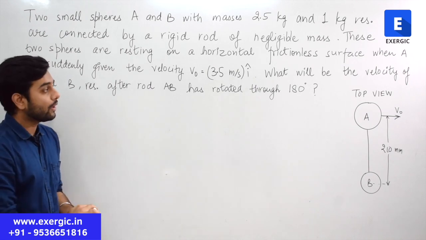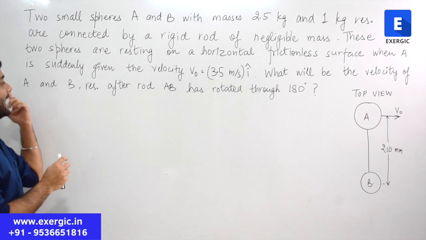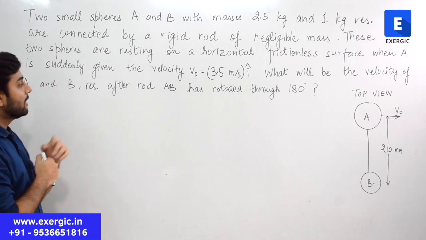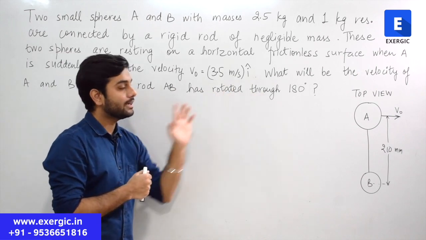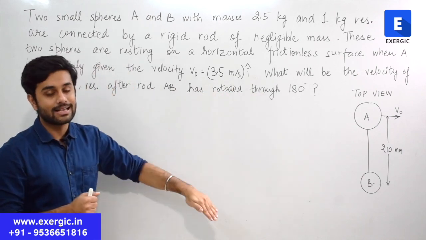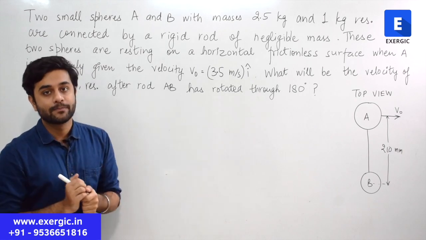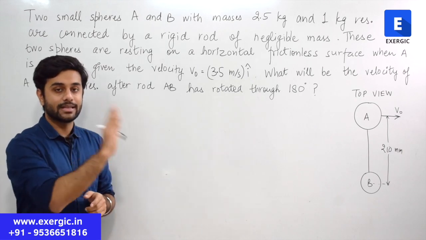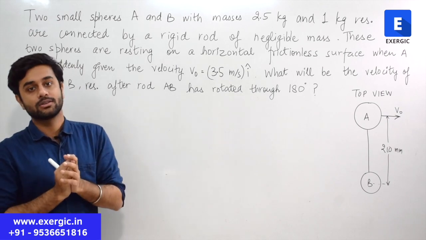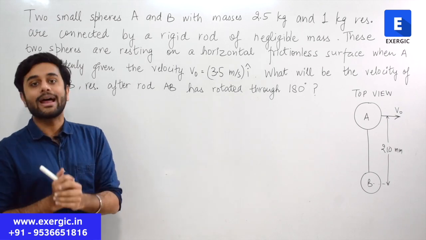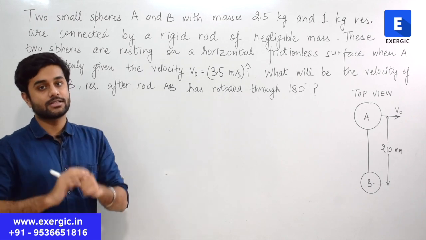The question is asking you what will be the velocity of A and B respectively after rod AB has rotated through 180 degrees. This question has 4 options. Answer is to be given in meter per second. I removed the options, as you know, I do it to improve your accuracy for NET questions as well.